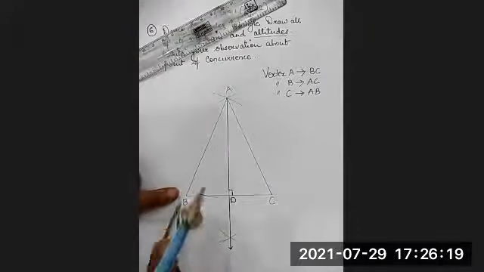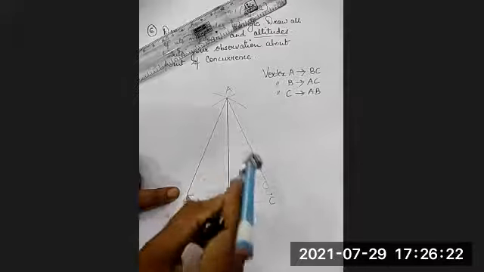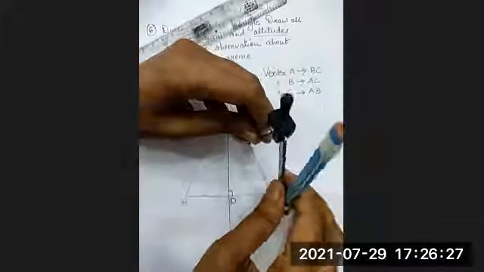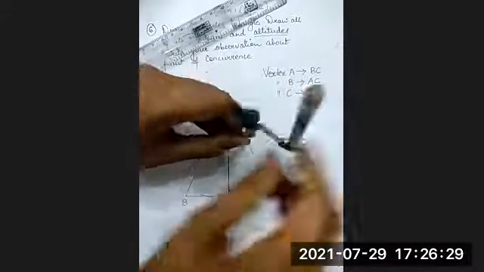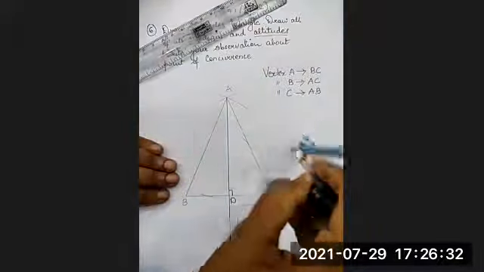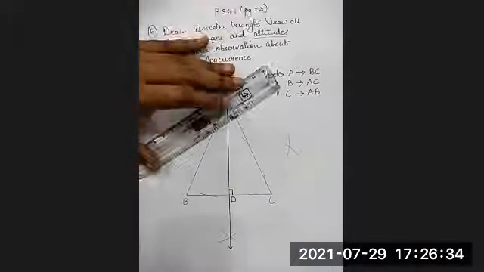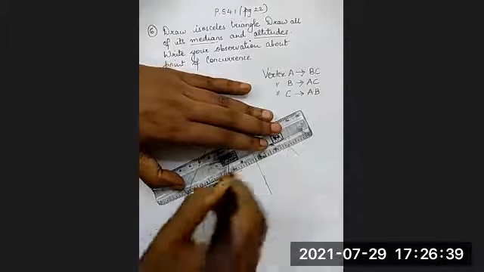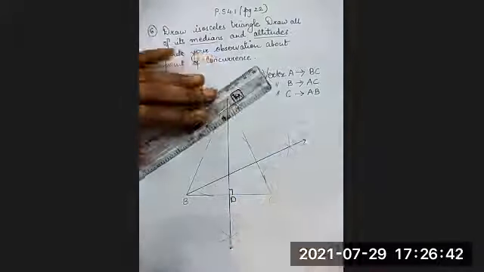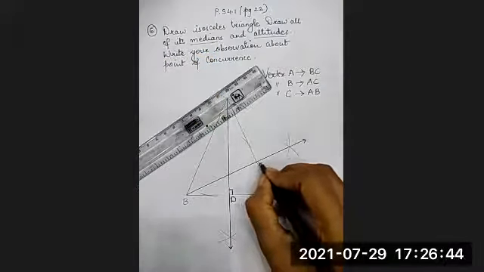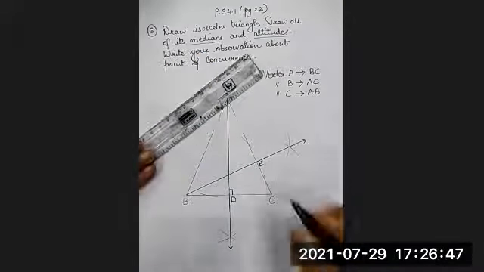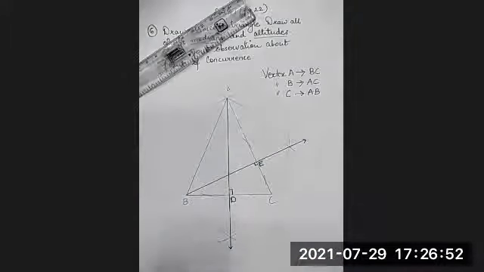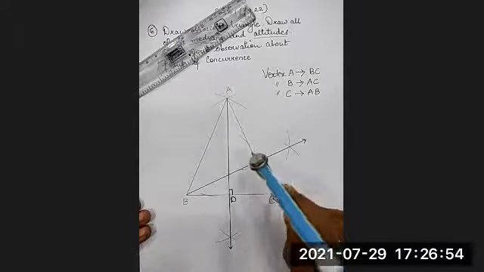Then I'll go to vertex B. The opposite side is AC. I'll make the arcs and draw a line passing through point B. I'll name it as E. This is my second perpendicular from vertex B. Now vertex C, the opposite side is AB.